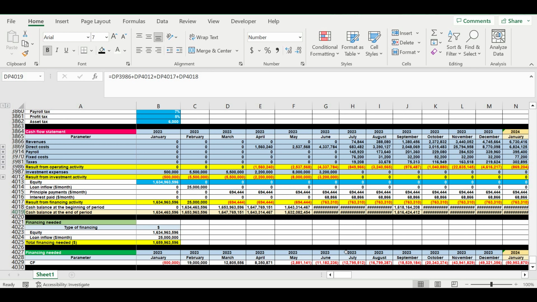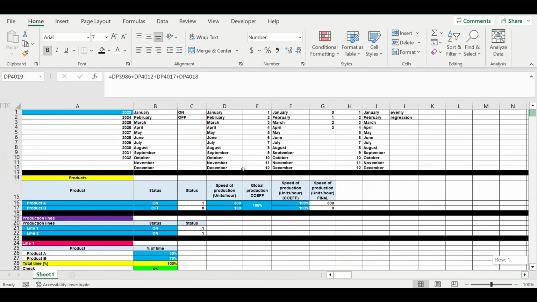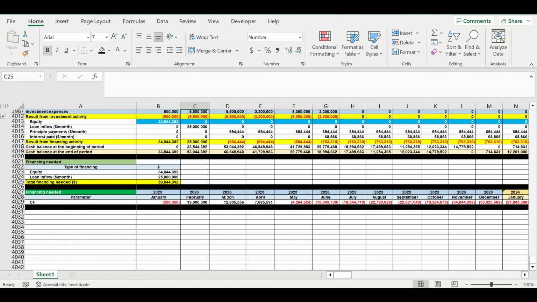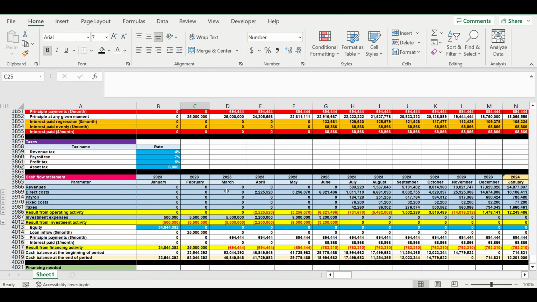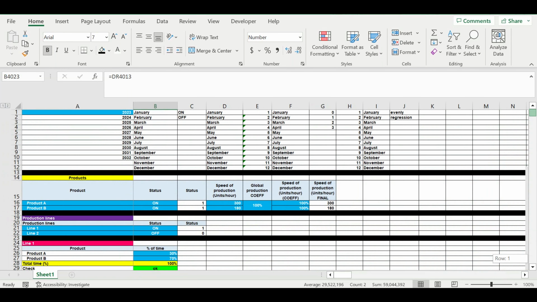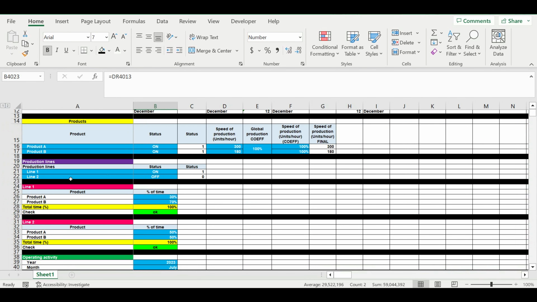And what is valuable about this story, we can easily, for example, switch off production line number 2 and see what will happen to our business idea if we will be working only with product line number 1, manufacturing line number 1. Or we can go back and assume, for example, that we will work only on production line number 2.